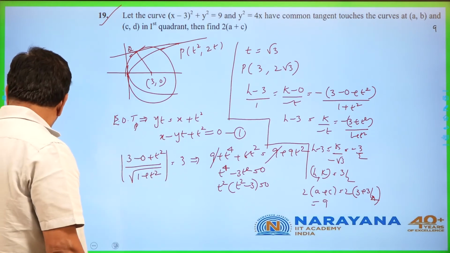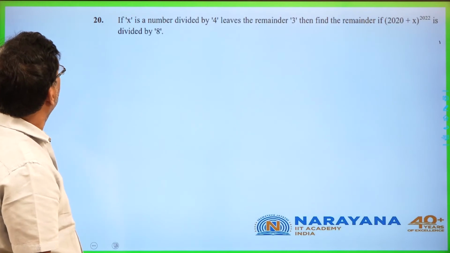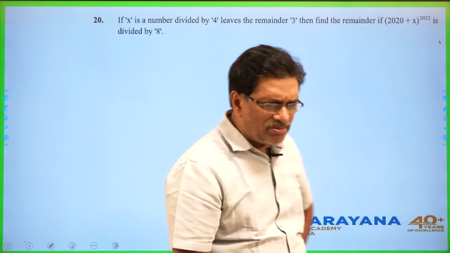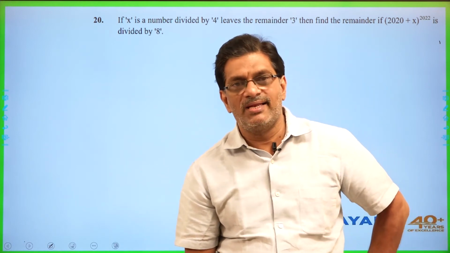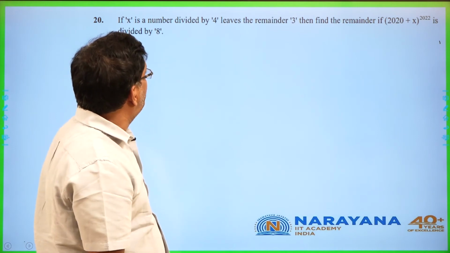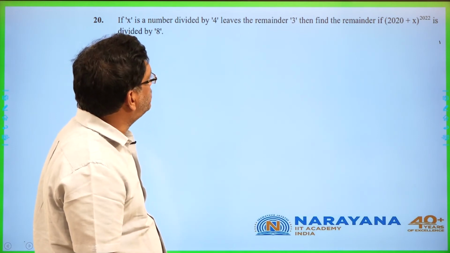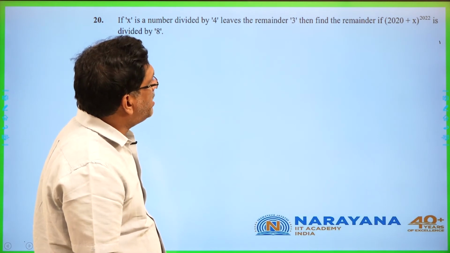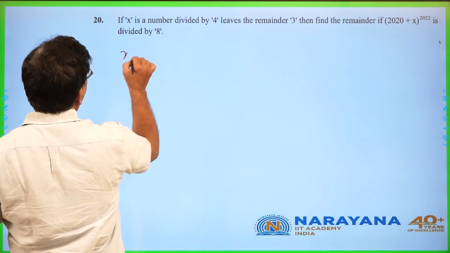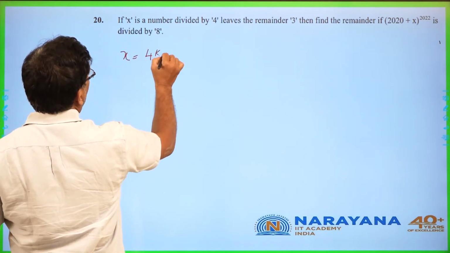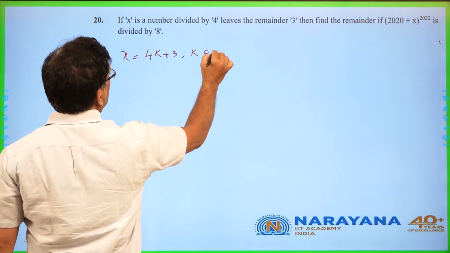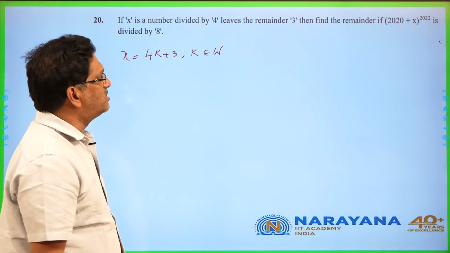Let us go to question number 20. X is a number divided by 4. One small good problem by using the binomial theorem. X is a number divided by 4 leaves a remainder 3. Then you mean it is of the form 4k plus 3 where k belongs to whole numbers.